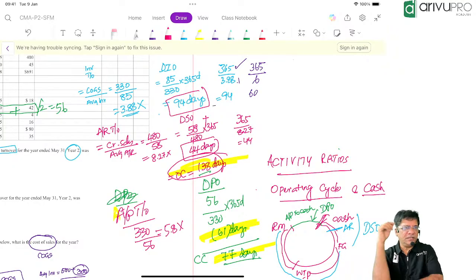Right now, cash cycle refers to the time period from the date of purchase of raw materials on credit till the supplier gets paid.